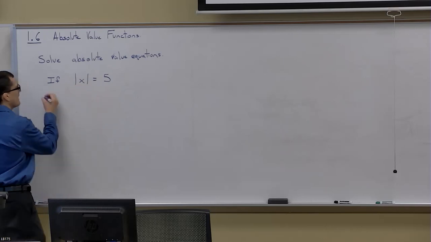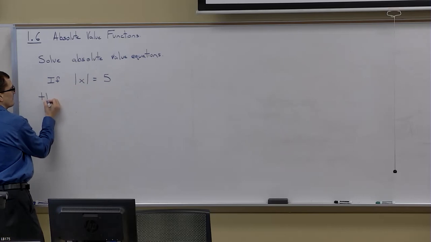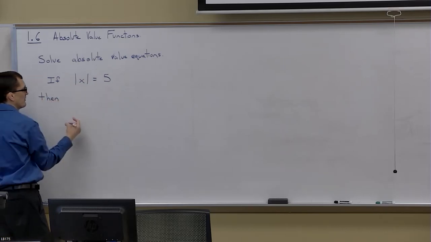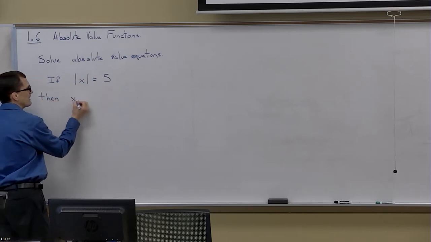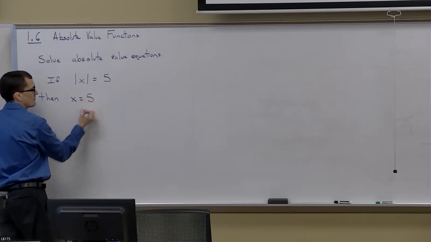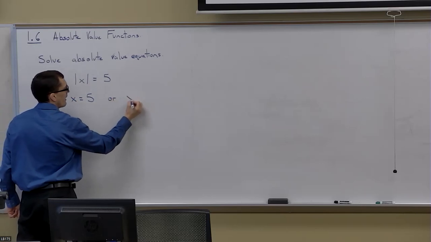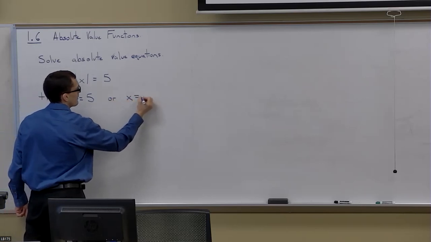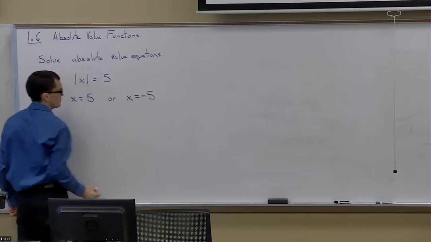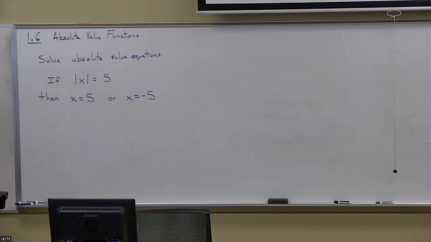So if we have an absolute value of something equaling a positive number, then either that something has to be a positive version or that something could have been the negative version of the number.